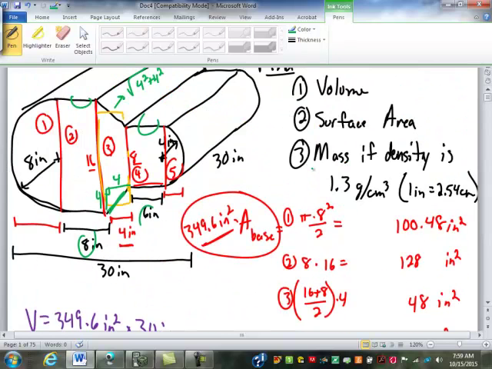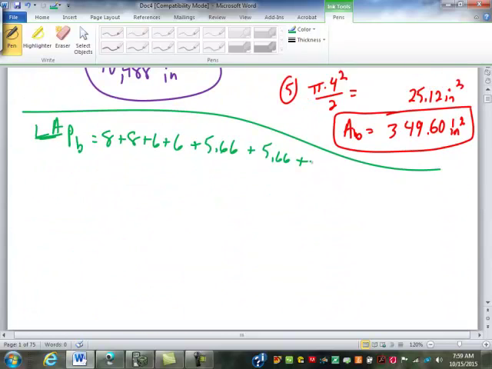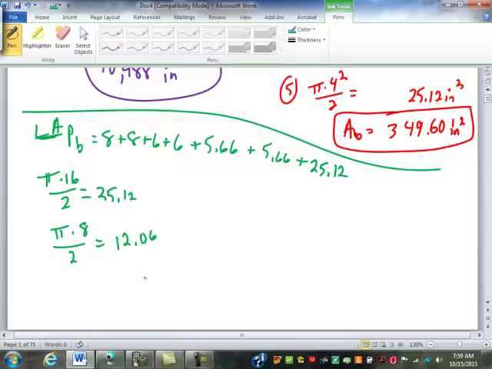So 5.66 plus 5.66, plus then we got the half circles. Half circle with radius of 8, so pi times 16 divided by 2 is 25.12. Then pi times the half circle radius of 4 divided by 2, 12.56.